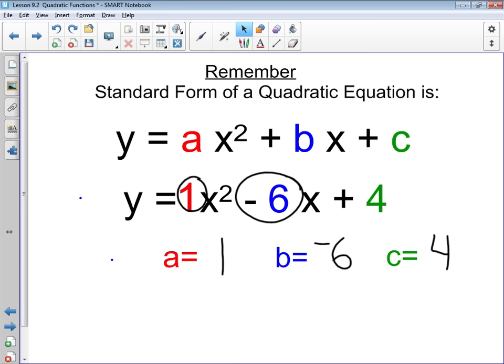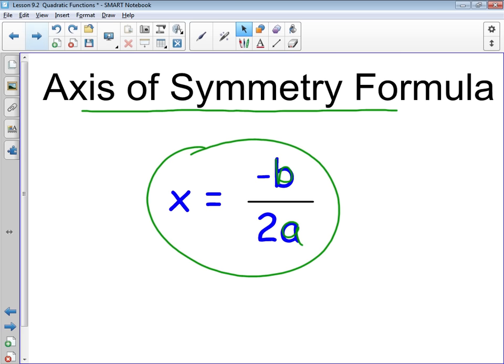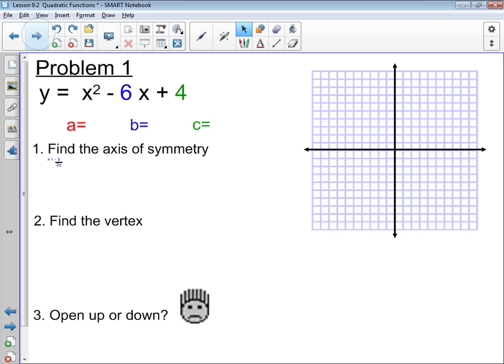A, b, and c, of those three values, the axis of symmetry is negative b over 2a. Okay, that was kind of quick. Let's go ahead and do the first example problem.